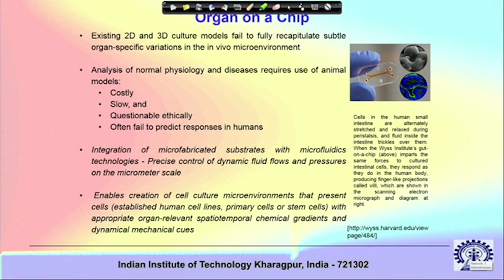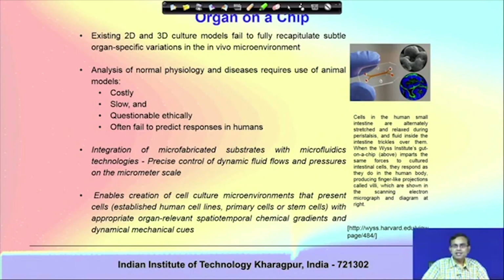So, from the concept of cancer cell on a chip or cell on a chip, we go to organ on a chip, or at least a tumor on a chip, where we construct or mimic an organ-like or a tumor-like environment within the microfluidic device.